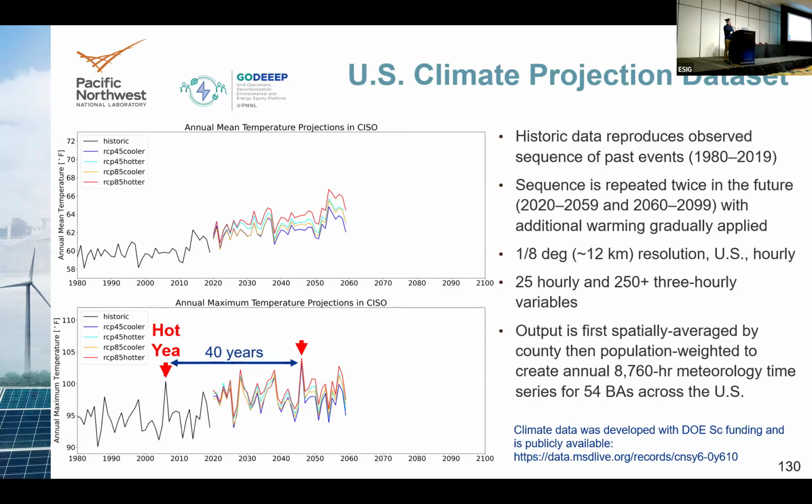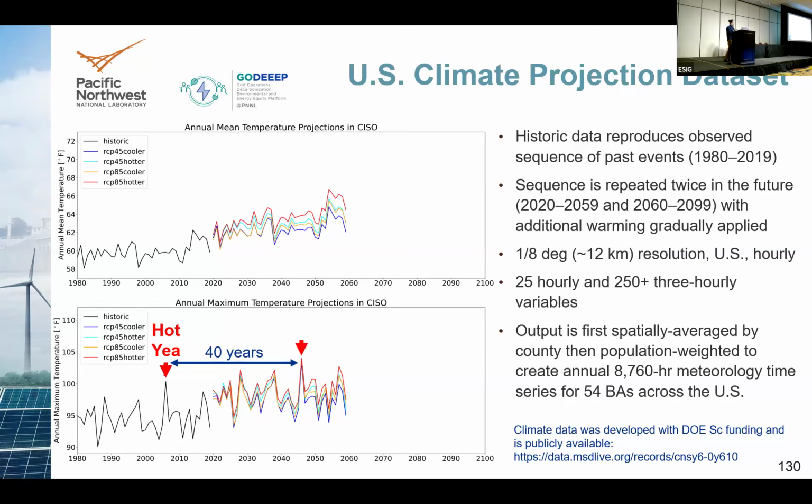This comes with some downsides, but it also comes with some really amazing benefits, such that you can look at the exact event that occurred in the past, and you can look at it in the future, and the difference in the future period is that we've applied some warming signal to it. So you can look at how the exact same event in the past, which you may already know how that stressed your system, will be how much worse in a warming climate.